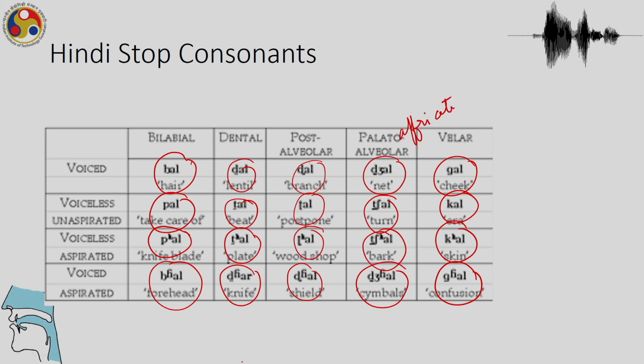Along with this being dental, these are retroflex. Later, when we study the sounds of the world's languages, the diversity in the world's languages, we will see how Hindi retroflex could be more apical rather than subapical. So we will learn about those distinctions later.